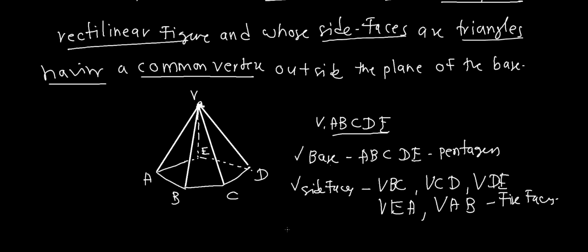So the common vertex here is V. It satisfies all three conditions, making this a pyramid, and we know this pyramid as V A B C D E.